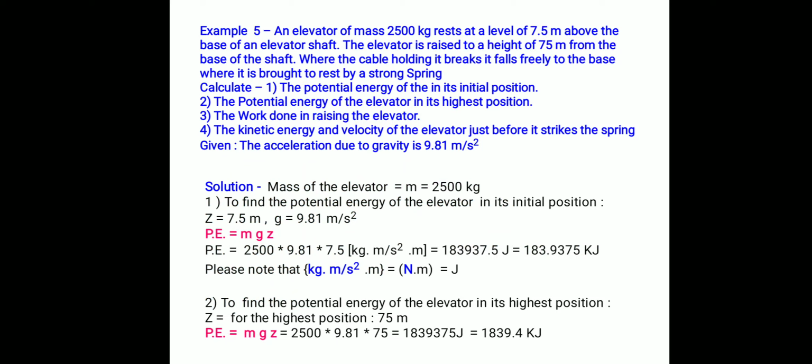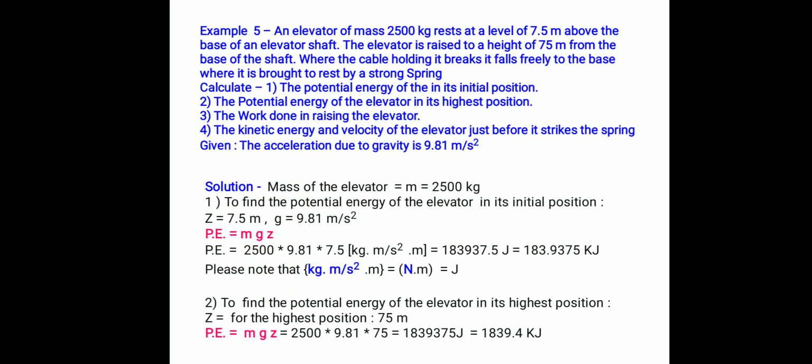Where the cable holding breaks, it falls freely to the base where it is brought to rest by a strong spring. So after the modified condition, if the cable breaks, what is that condition? Calculate the potential energy of the initial position. Initial position means when z is equal to 7.5 meter.